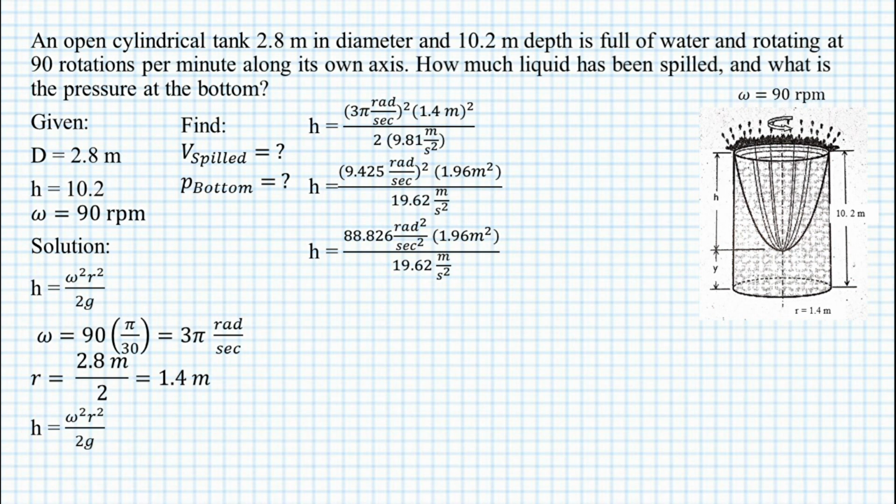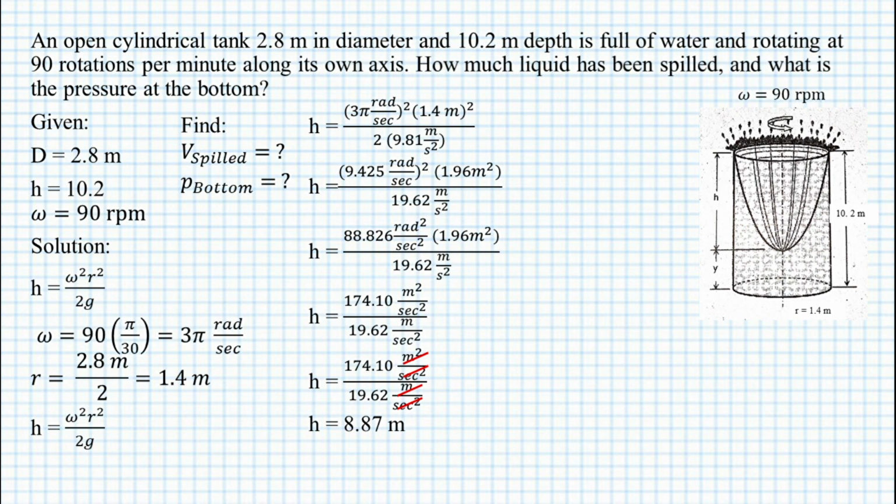We have a height of 174.10 meters squared over second squared over 19.62 meter per second squared. Cancel out the same units. We have 174.10 meter over 19.62. So our height will be 8.87 meter.